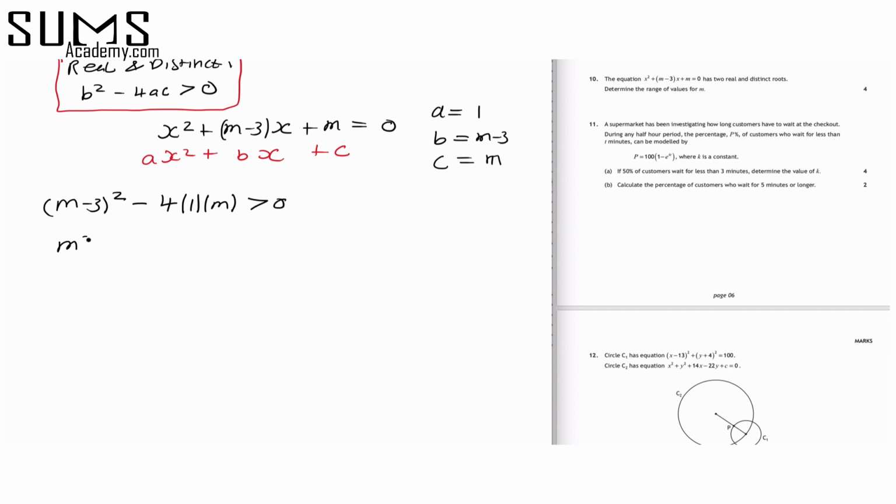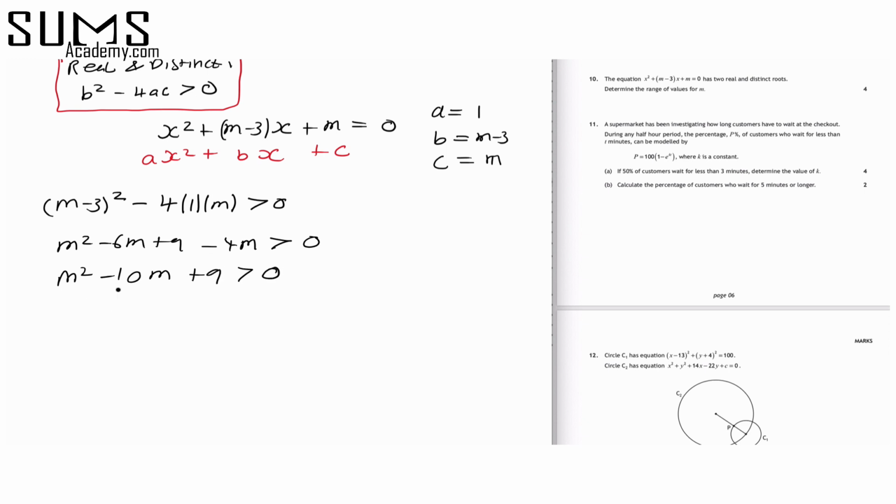So m squared minus 6m plus 9 minus 4m is greater than 0. So m squared, minus 6 and 4m go minus 10m, plus 9 is going to be greater than 0.